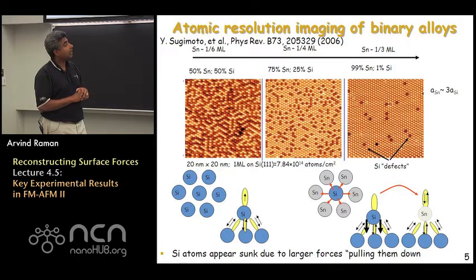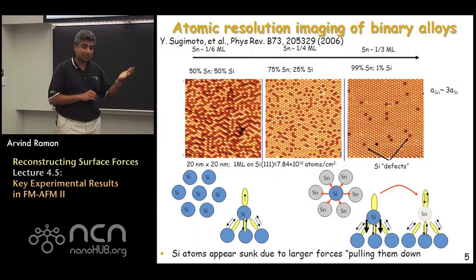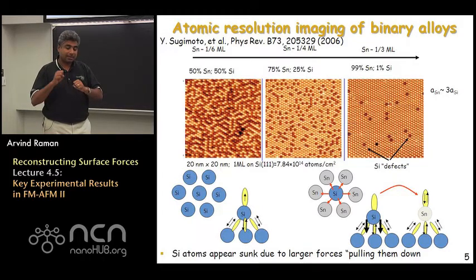Now, I want to emphasize that the structure of this surface is interesting in the sense that it's not that the tin atoms are just sitting on top of silicon and the silicons are like defects. It literally is the fact that if you've got a silicon atom and a tin atom, the silicon atom is being acted upon by different forces beneath it compared to the tin atom.